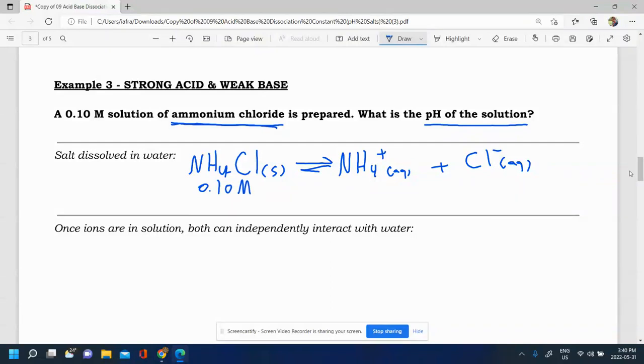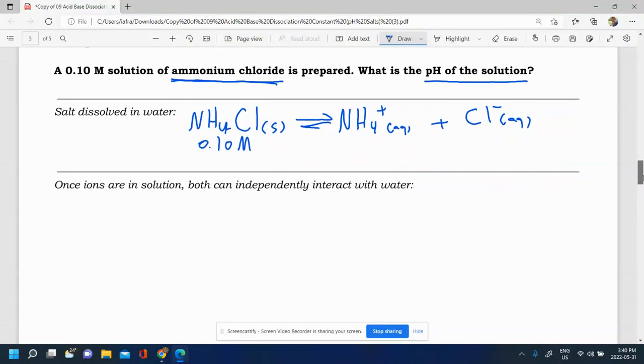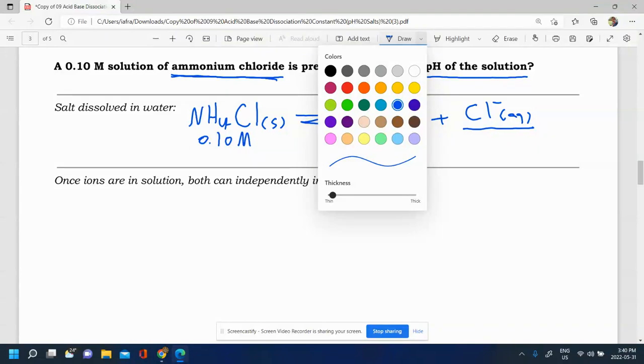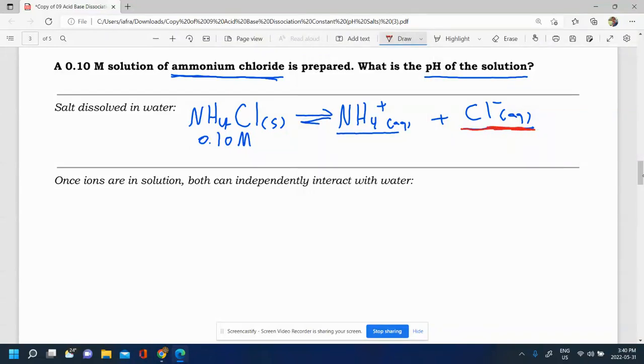Now, our goal is to see if any of these parts of the salt will undergo hydrolysis and therefore affect pH. Let's try Cl minus first because we already did this example in the previous video. So we'll do a hydrolysis reaction. Actually, that's step 2. This is step 1, dissociate. Step 2, hydrolysis with one of the salts. So let's go ahead and do our Cl minus.